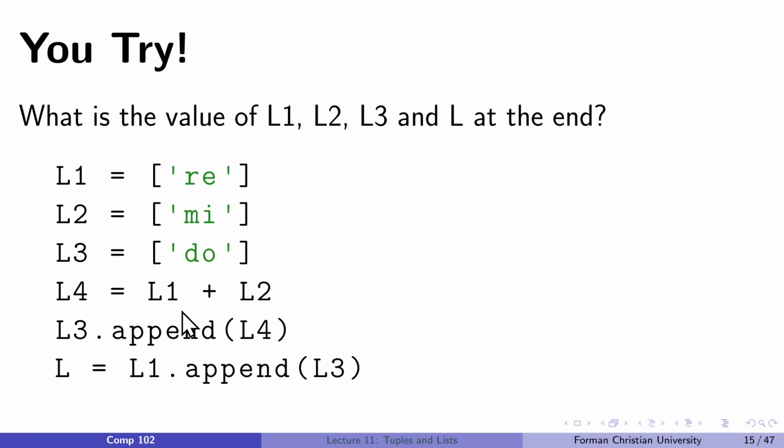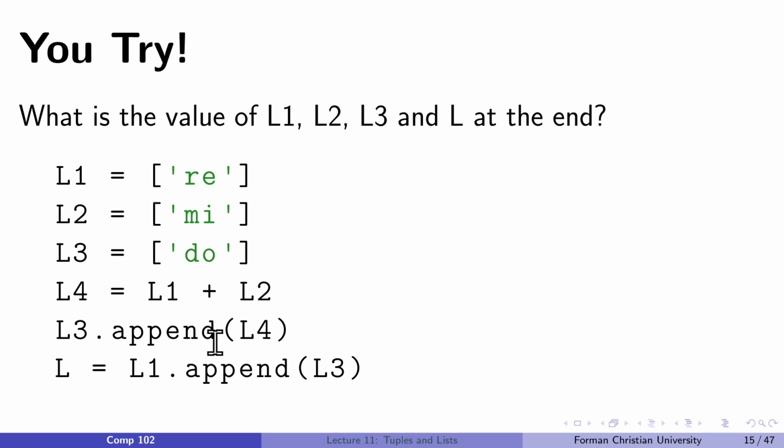So L4 is going to be a concatenation of L1 and L2. And that's going to be a new list that contains RE and MI items. Actually, you can pause the video and try running this code on Thonny or whatever IDE you prefer, and see what output it gives you.